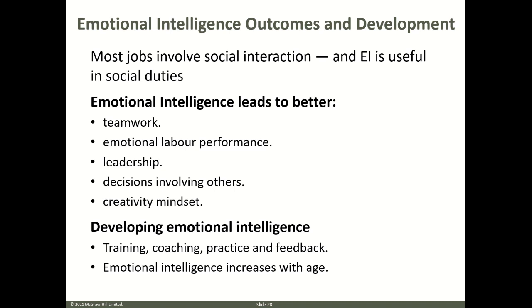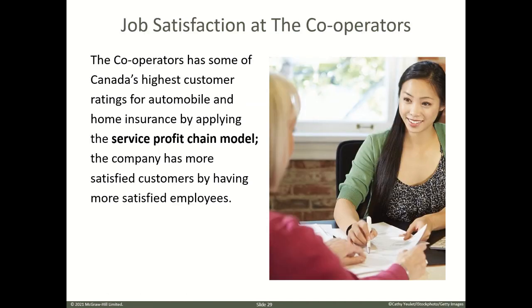So EI leads to the betterment of all these things. Developing emotional intelligence means it can be developed through training, coaching, practice, and feedback, maybe the positive or negative feedback related to any particular object or situation. Emotional intelligence increases with age. Slowly, once you become old and have very good experience, EI increases.